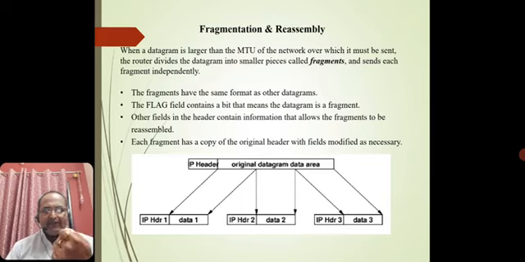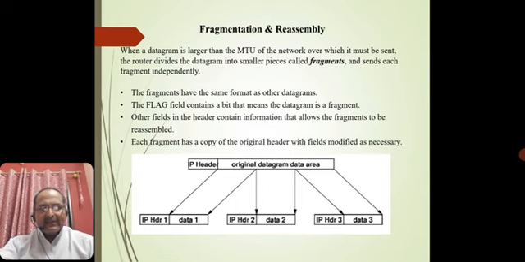The flag field contains a bit that indicates the datagram is fragmented and has a relative reference to another fragment. When you receive fragmented data at the receiving end, you have to join them to see how they rejoin.